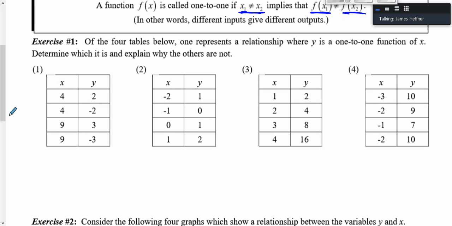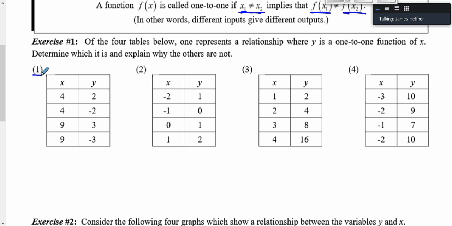It says of the four tables below, one represents a relationship where y is one-to-one. Determine which. First we have to check whether it's a function, and then we can see if it's one-to-one. Let's take a look at number one. Is it a function? Does every input have exactly one output?